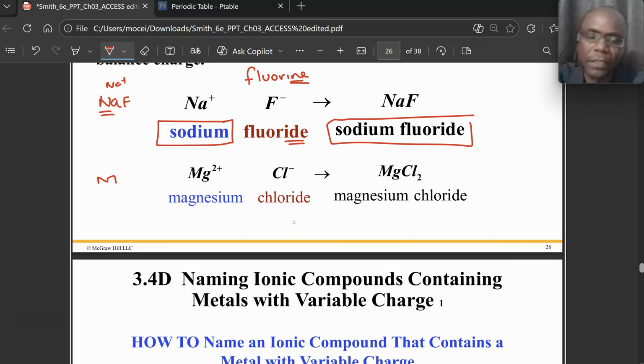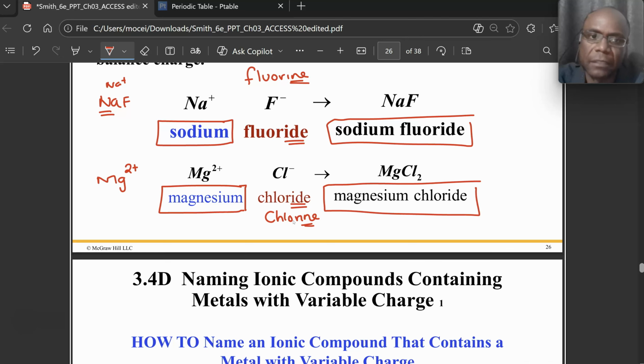Main group 1, main group 2, main group 3 usually do not have other charges other than the charges that correspond to their group number. So just call it magnesium. You don't need to put Roman numerals in parentheses here. Chlorine has the ine, drop ine, put ide. So the name of MgCl2 will be magnesium chloride, not magnesium dichloride.